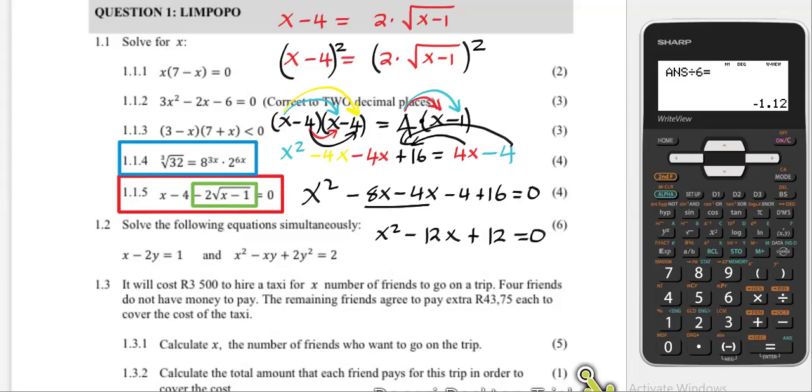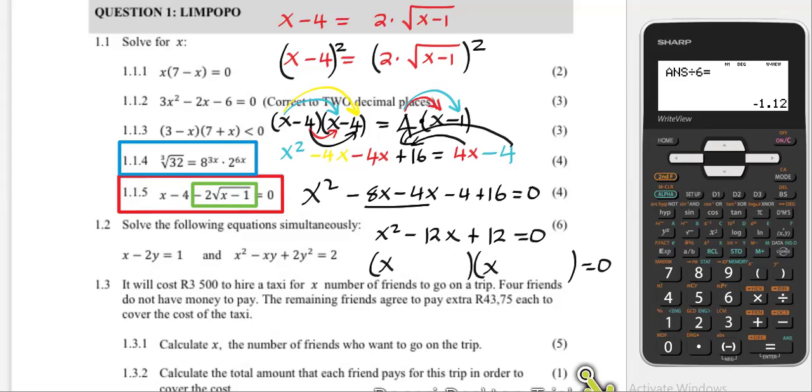Then I need to factorize or use the formula. You can use the formula. For me, we want two numbers that when you multiply them together... Oh no, something's wrong here. Let me see. It's minus 12.